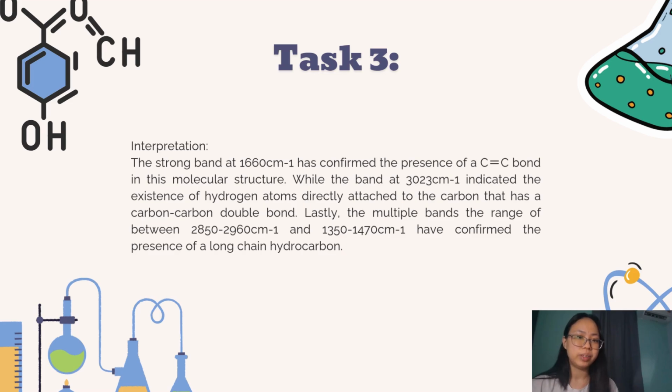Lastly, the multiple bands within the range of 2850 to 2960 per cm and also 1350 to 1470 per cm confirm the presence of a long-chain hydrocarbon. This FTIR spectrum confirms the chemical structure of cis-trioctene.